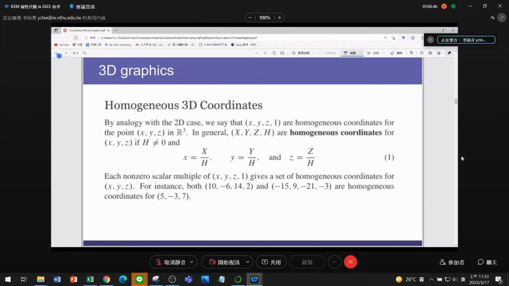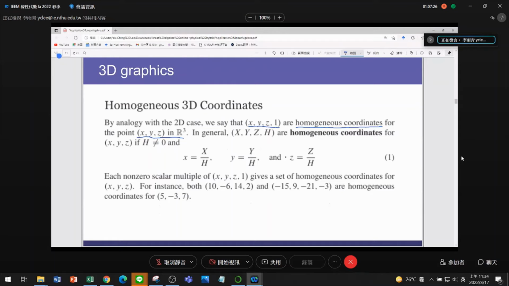Okay, so there are similar ideas for the 3D coordinates. Basically, in order to operate in the 3D case, we need to add the 4th dimension to it. So for example, x, y, z, 1 are homogeneous coordinates for the point x, y, z in R3 space. We simply need an additional dimension for us to operate the computer graphics.